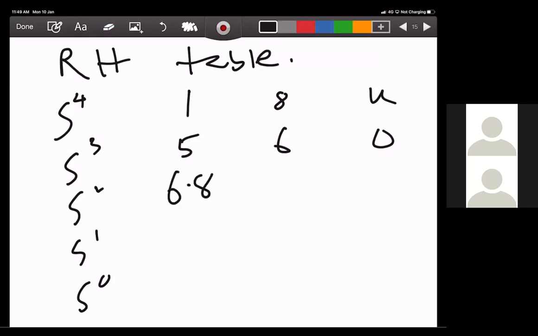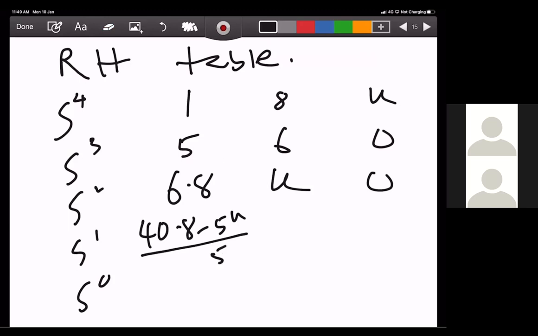Okay, 6.8. Yang ini K, 0. Yang ini adalah 40.8 minus 5K divided by 5. Okay, this one is 0. And lastly, this one is K.